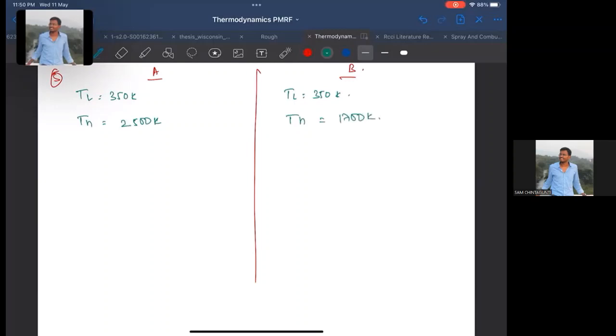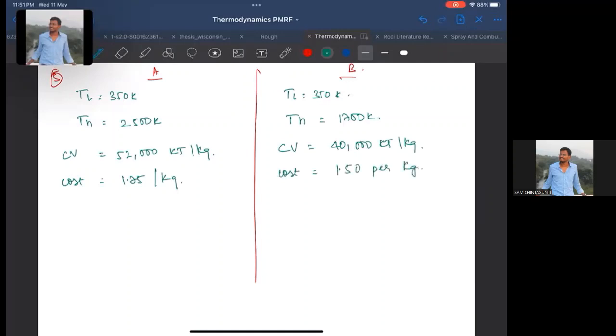And then here, let's say the calorific value of fuel is equal to 52,000 kilojoule per kg, and the cost is 1.75 per kg. All right. So fuel 2 calorific value is 40,000 kilojoule per kg, and costs 1.50 per kg. Which fuel do you use and why?